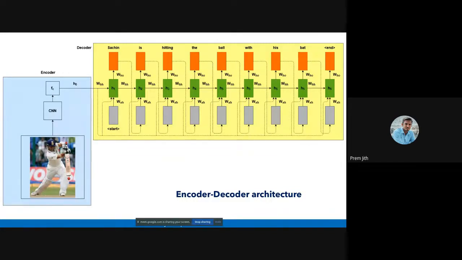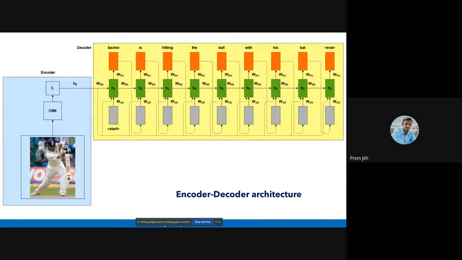You can also apply this one-to-many encoder-decoder architecture in applications where you want to generate some information about a signal or a speech; in all those cases you can use this model.